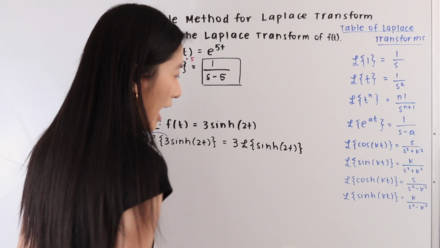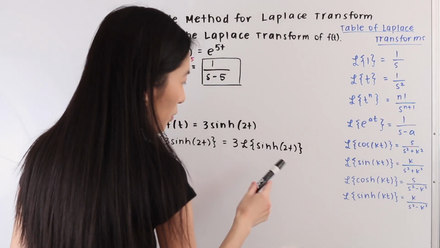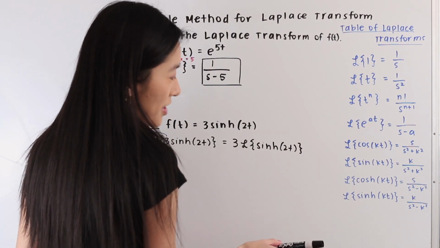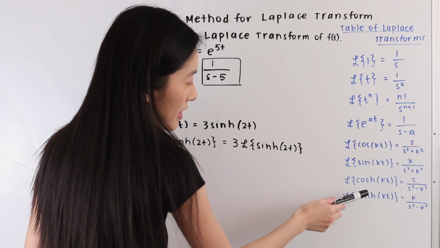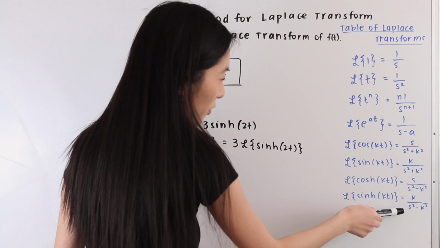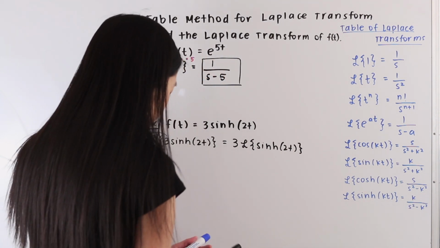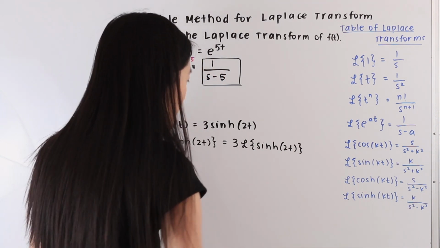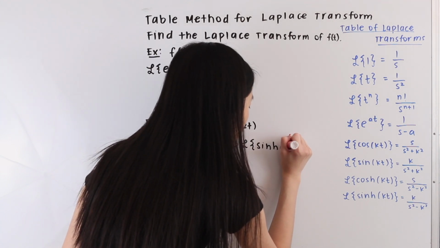And taking a look at our table, we have this case here. So the Laplace transform of something of the form hyperbolic sine of kt is equal to k over s squared minus k squared. So here we have k is equal to 2.